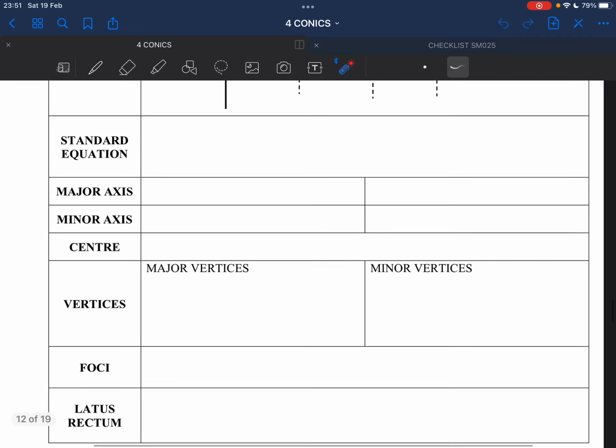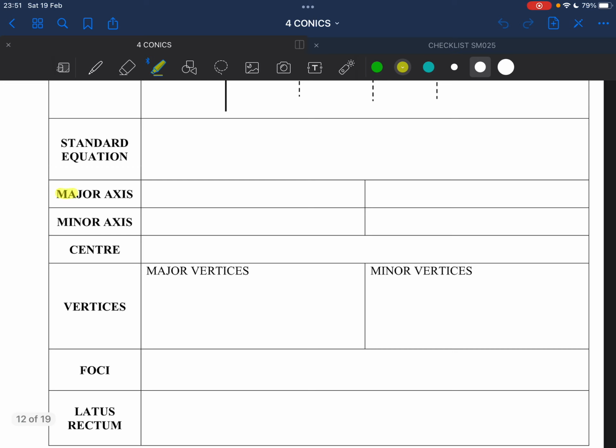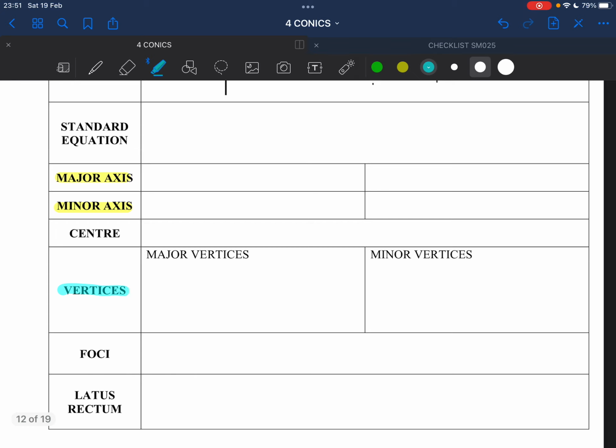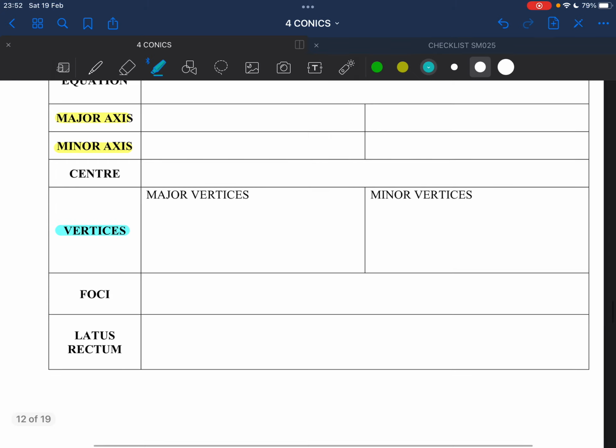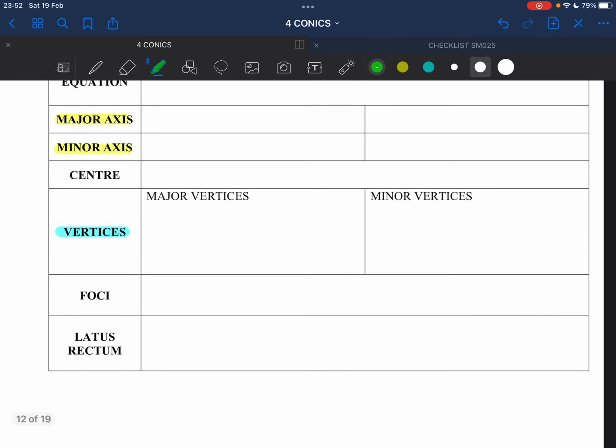First, you have to know the major and minor axis. Second, you have to know the vertices, or vertex. And the last thing that you have to know is foci. You also have to know the center. So these are the keywords that you have to know: major and minor axis, vertices, and foci.